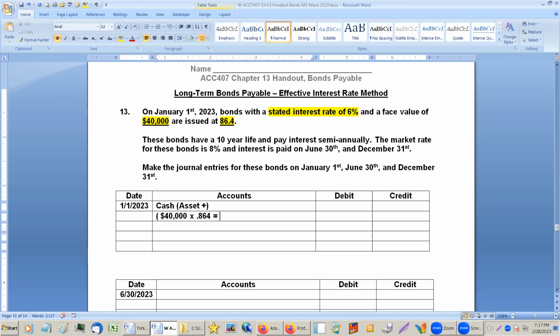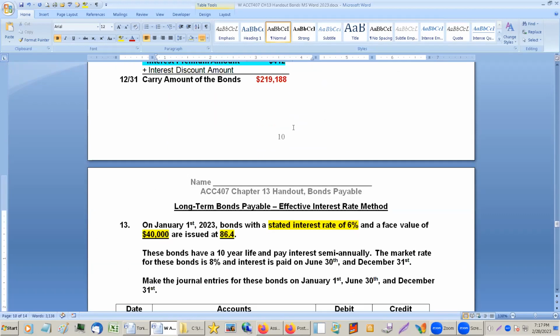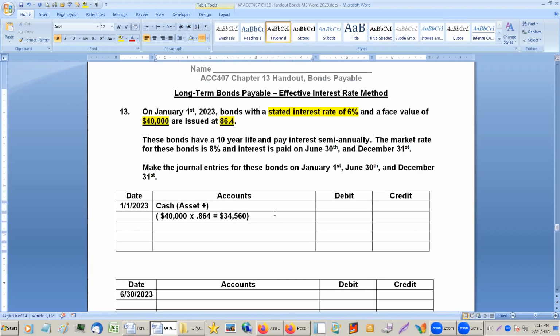A cheapy calculator like I got. $34,560. And that's going to be a discount.